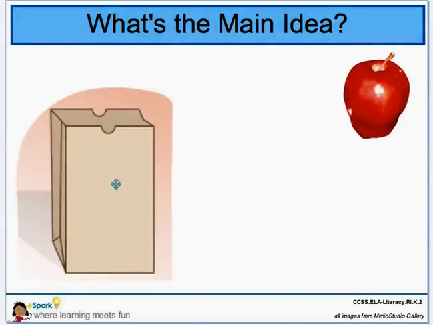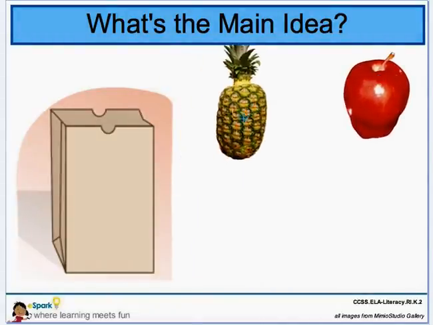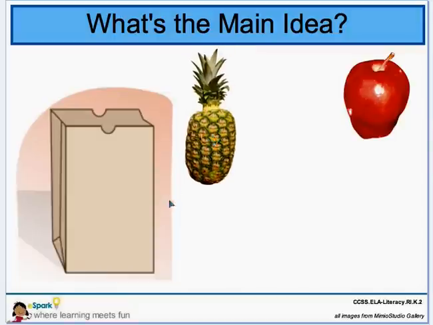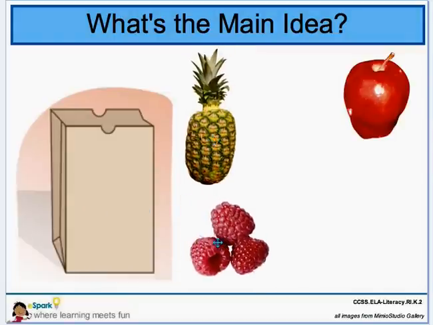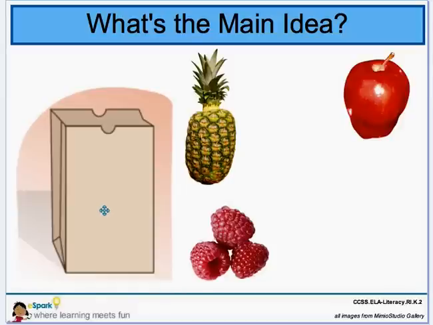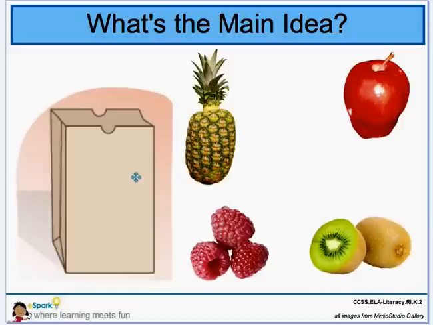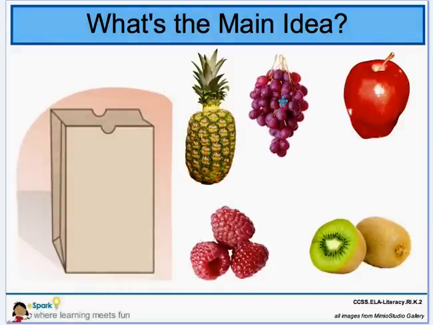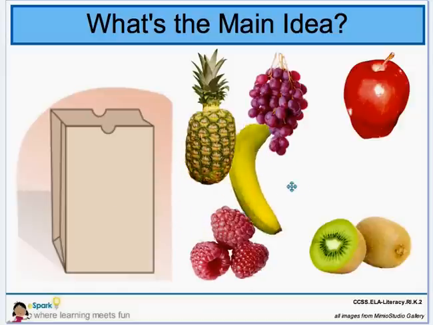I have an apple, a pineapple, some raspberries. Do you have any ideas yet? Let's keep going. Kiwi fruit. Put that over here. I have some grapes, and I have one more thing in my bag.